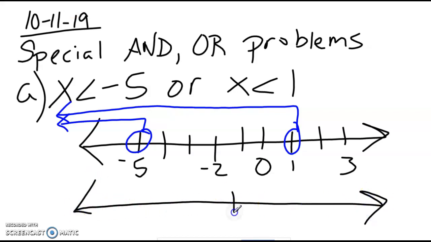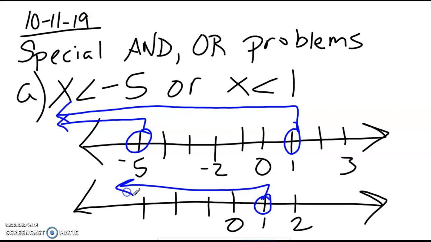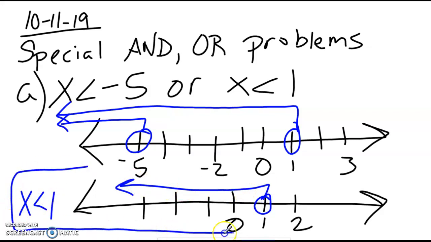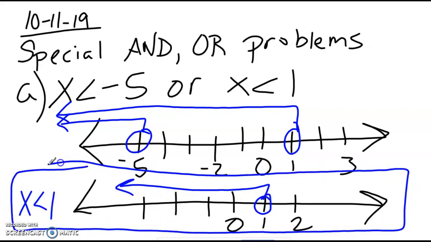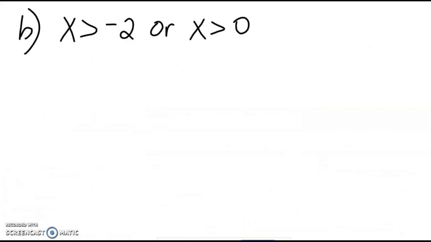And it would start at 1. So our final solution is all of the values less than 1. So we would write x less than 1 as our final inequality, and that would be the graph. Okay, another special OR.